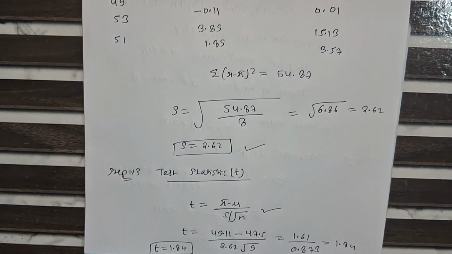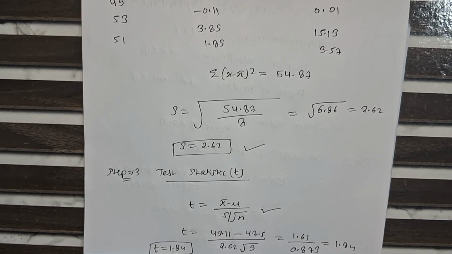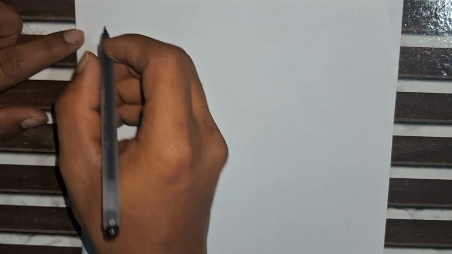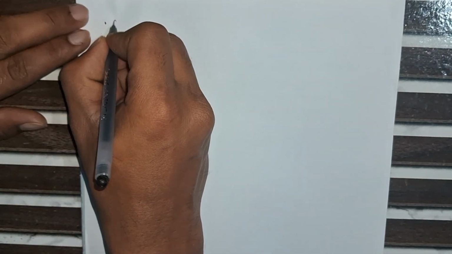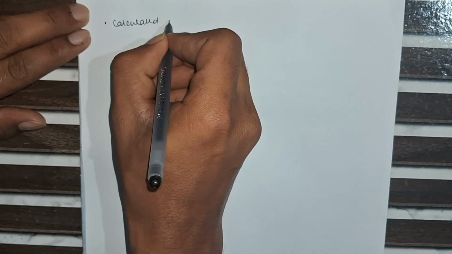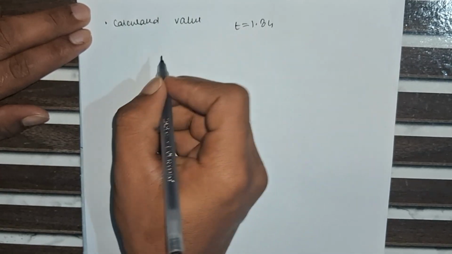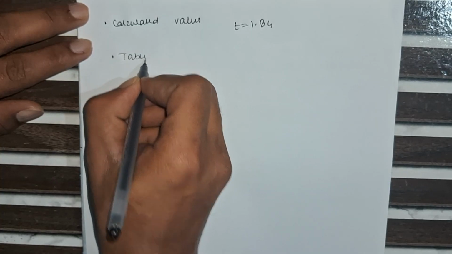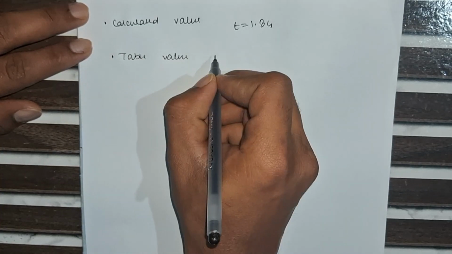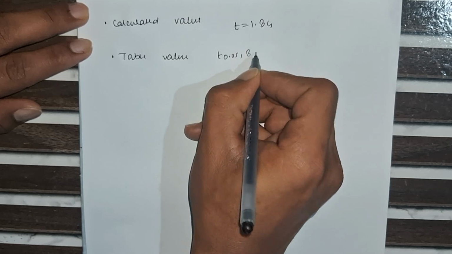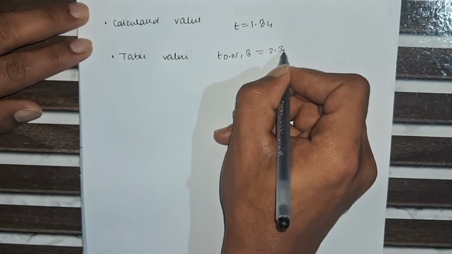As we can clearly see, our calculated value is 1.84 and our table value at 0.05, meaning 5%, at degree of freedom 8, equals 2.31. Now we have to compare these values. The calculated value of t equals 1.84, and the table value t at 0.05 comma 8 equals 2.31.